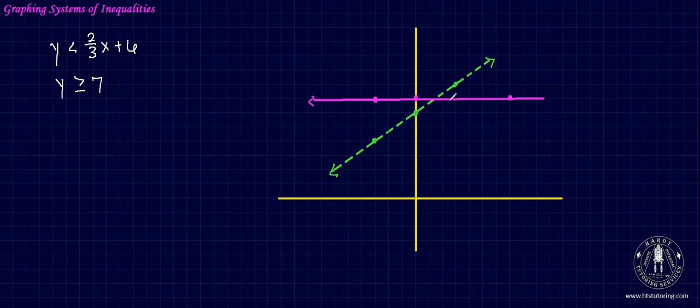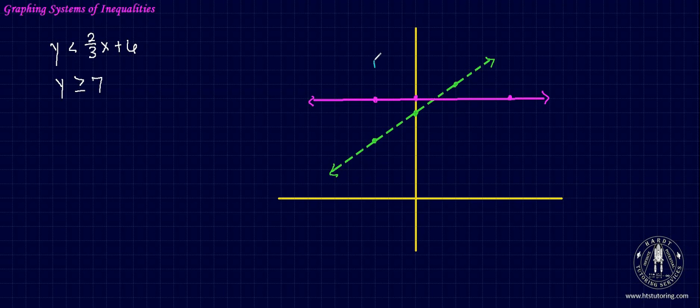Now we have our two inequalities graphed. When we graphed a single inequality, we would pick a test point on each side of the line. We would plug that point back into our inequality to figure out if that point made our inequality true, and then we would shade that area. This time, we're going to look at all the different regions that we have here.